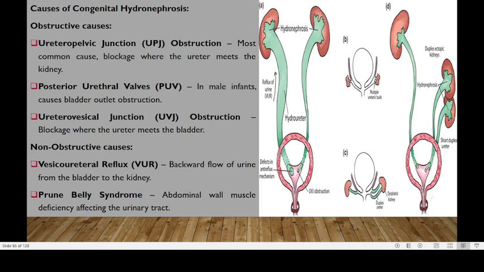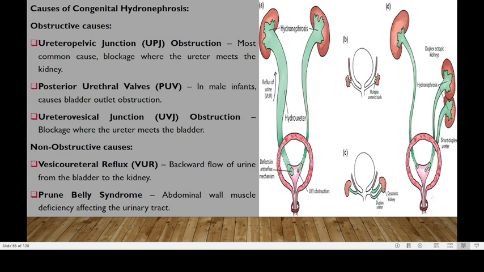We have several causes, like the ureteropelvic junction obstruction, which is the most common cause, a blockage where the ureter meets the kidney. We also have the posterior urethral valve in males, of course. This one mainly affects male infants, and this one will cause bladder outlet obstruction.